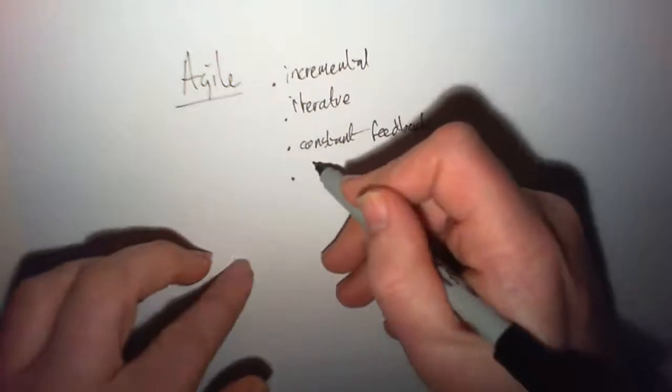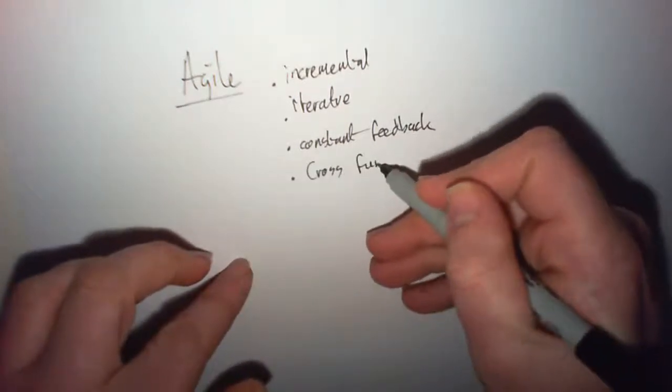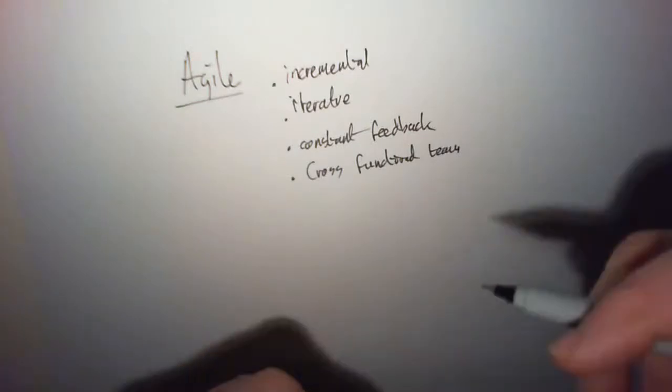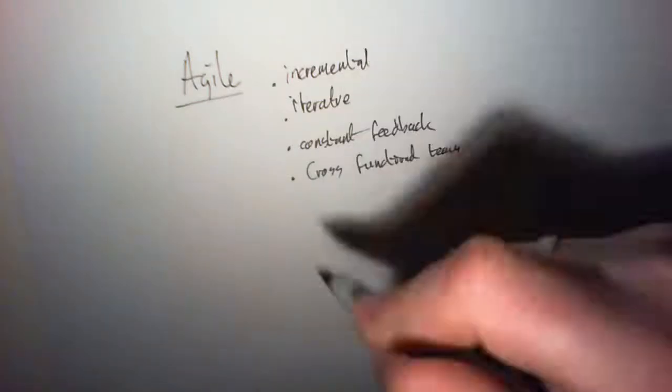It requires cross-functional teams. In other words, group subsets within a larger team where each person has multiple skill sets to allow this iterative process to continue. The leadership in these agile methodologies encourages teamwork, accountability, face-to-face communication.